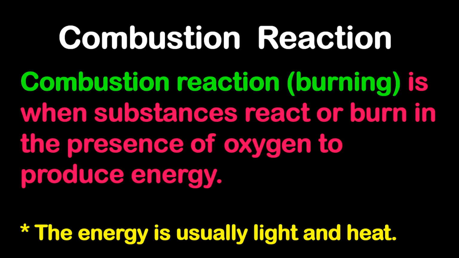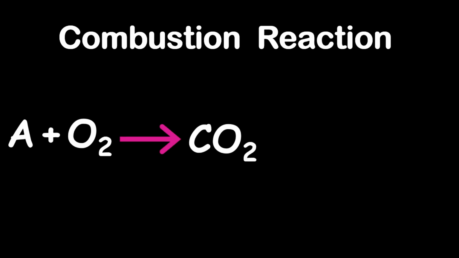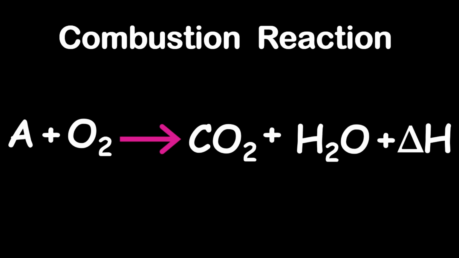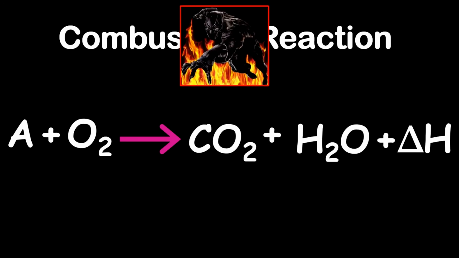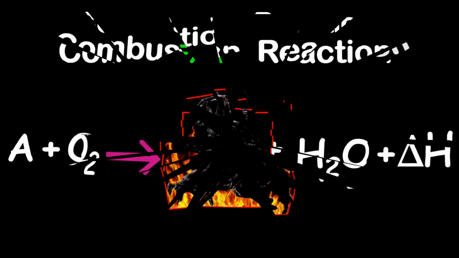This is happening in our cars and also in our home. The general representation for combustion reaction is that substance A reacts with oxygen to produce carbon dioxide, water, and energy. Now let's look at a specific equation or reaction.